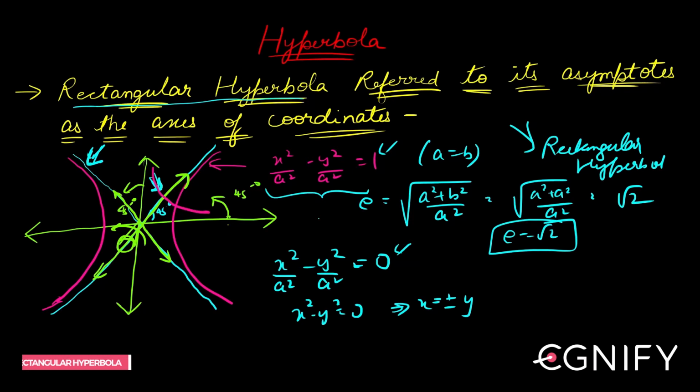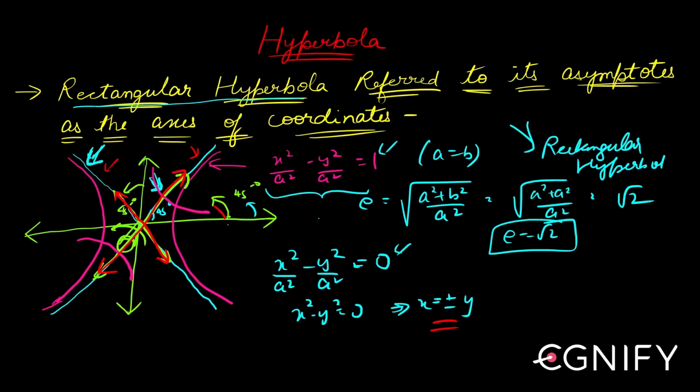Rather something like this. Let me just extract what just happened here. In fact, let me use a different color. These green lines have moved up to become maybe this red line, such that the green line is now coinciding with the existing asymptotes, x equal to plus or minus y.